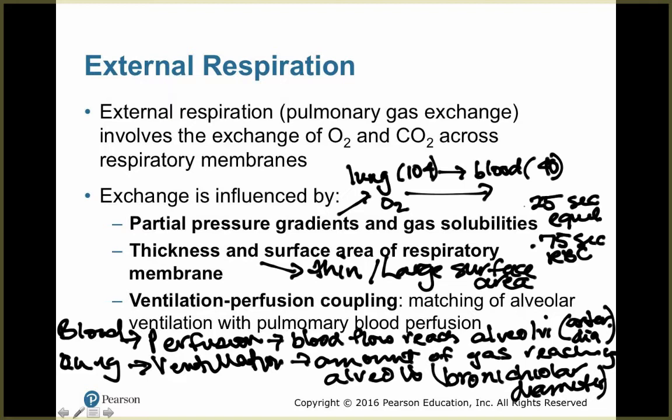And so essentially what we're talking about here is that we want the perfusion rate and the ventilation rate to be about equal, right? For it to be optimal and efficient gas exchange. So we want that blood to come and pick up the oxygen, and we want the oxygen to be there to diffuse at an equal rate so that we have that good, perfect balance.